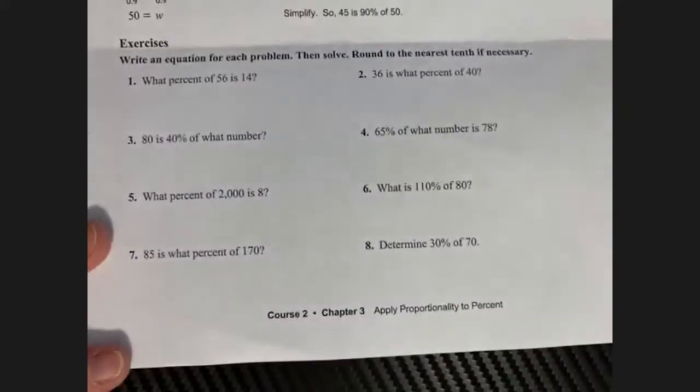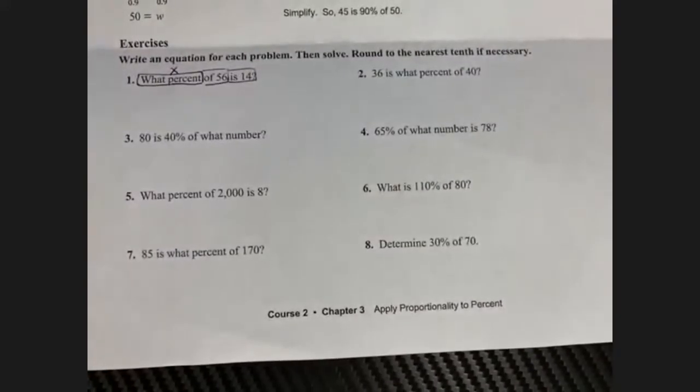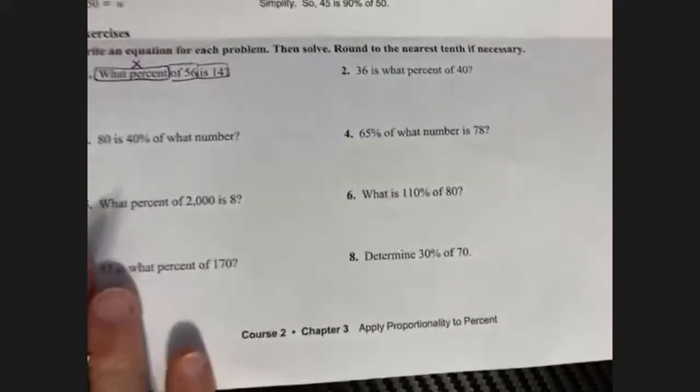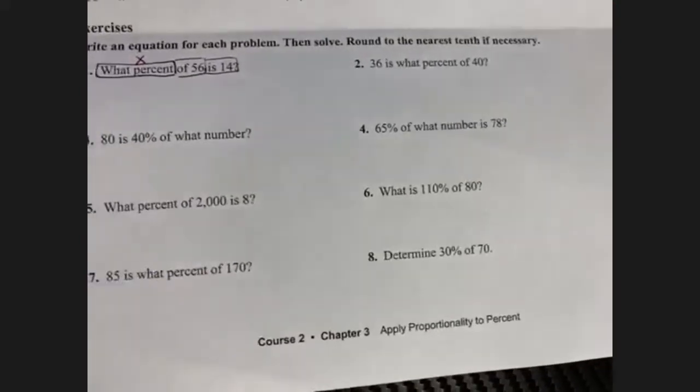The first question on here says what percent, and we're going to break it into parts. The what percent is my x, my unknown, and I still have my of 56. So that's my of, and then my is 14. If we were setting it up like we were in the last lesson, it would be is over of equals percent over 100, and we would solve using proportions.